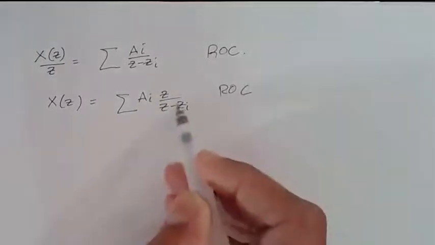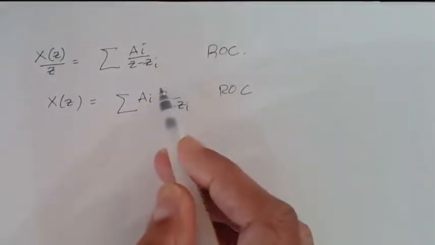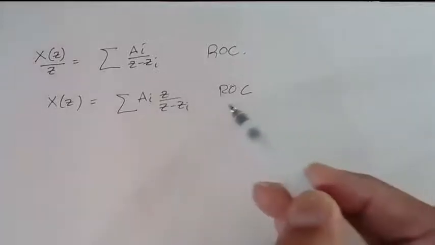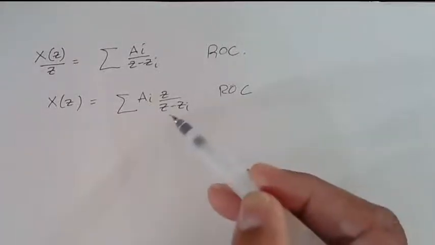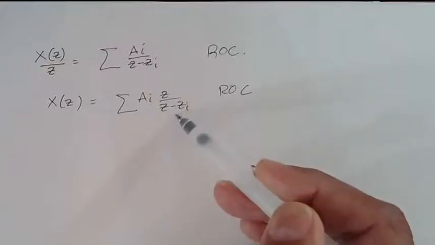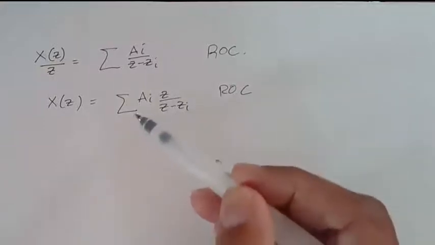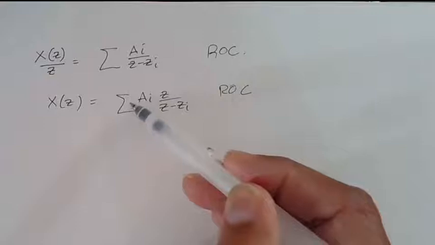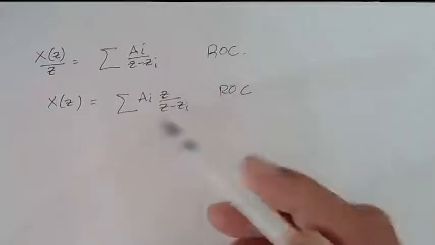And now you take each term separately, and according to the region of convergence, look at which of the two template sequences correspond to that. And if you do that, you can add all of them together, and you'll end up with x of n.